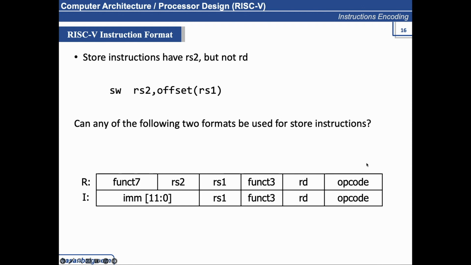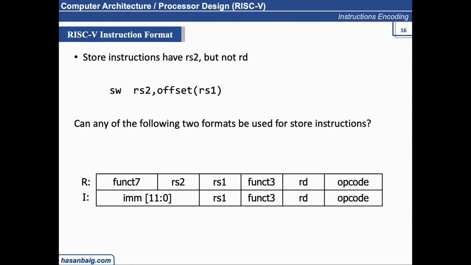We do not have RD in SW instruction, so we are not going to use this. We have RS1 and RS2. So we will keep these fields in the same place just to keep the format the same, and it will help the hardware designer to fetch RS1 always at the same location. Similarly, RS2 from the same location.